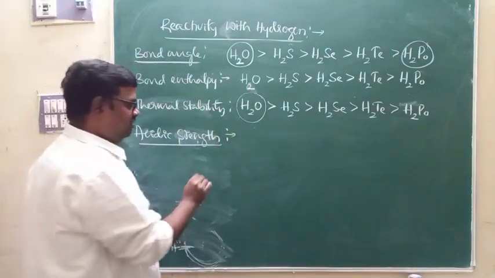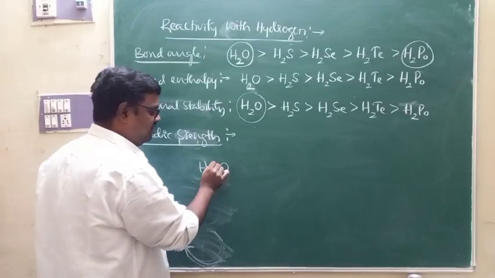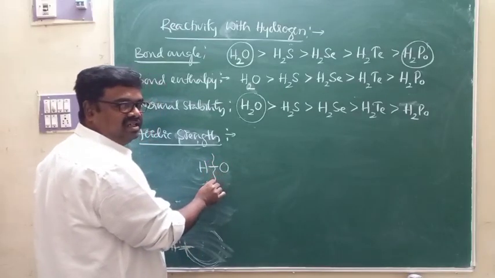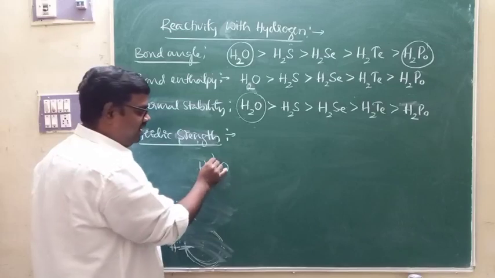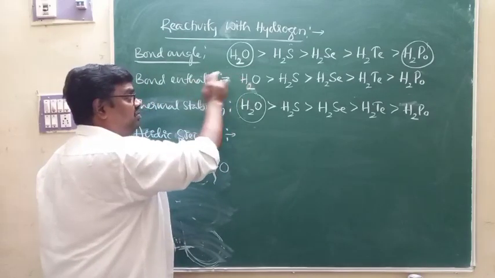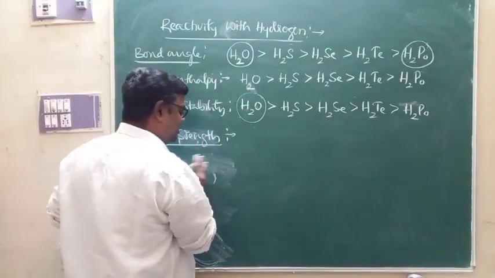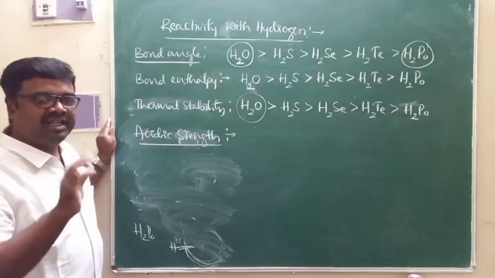In water, the OH bond is very strong. Energy required to break the OH bond is very, very large, as we discussed. So the bond enthalpy of H2O is very high. Therefore, H2O does not release H plus ions easily.